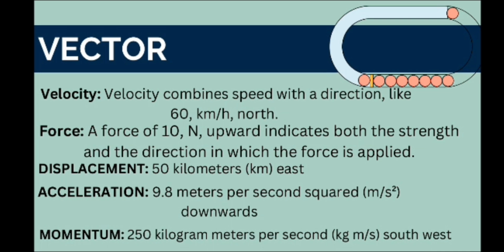So acceleration refers to the rate of change of velocity in a direction. For example, 9.8 meters per second squared downwards. The magnitude here is 9.8 meters per second squared and the direction is downwards.